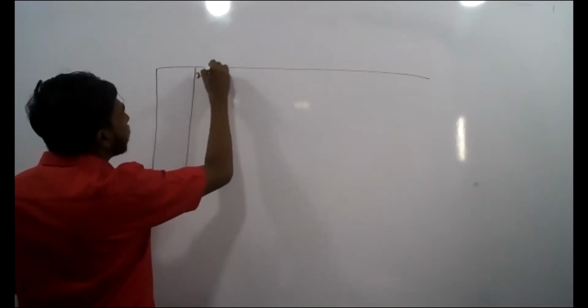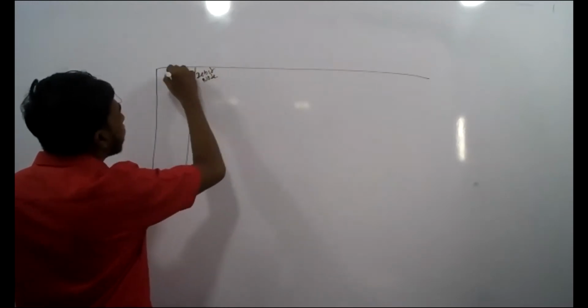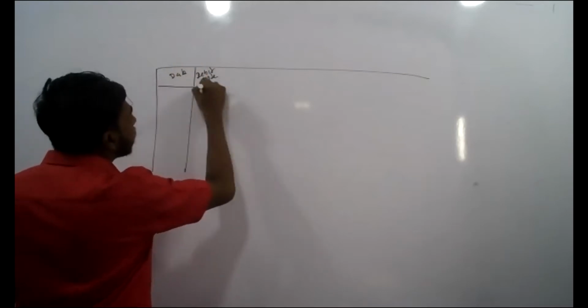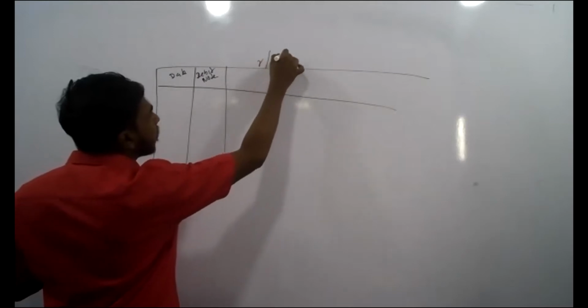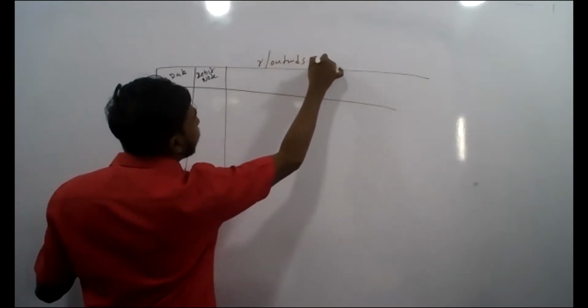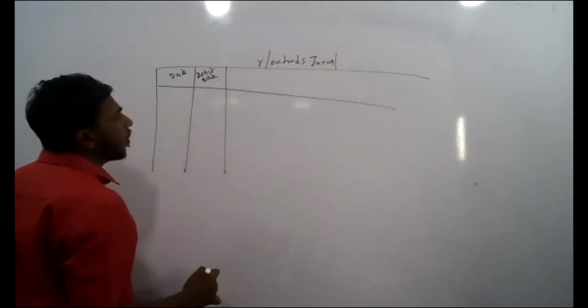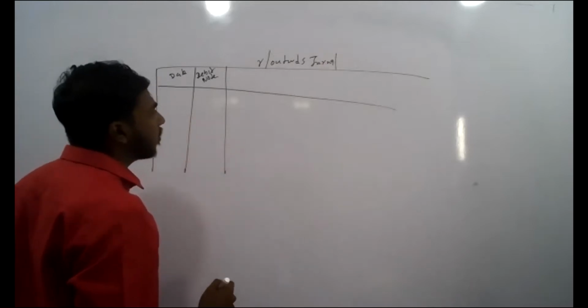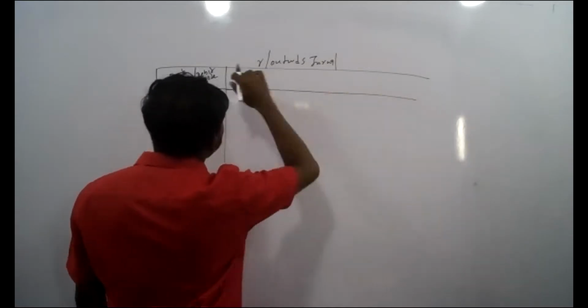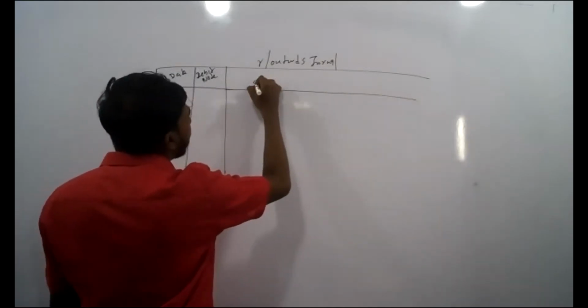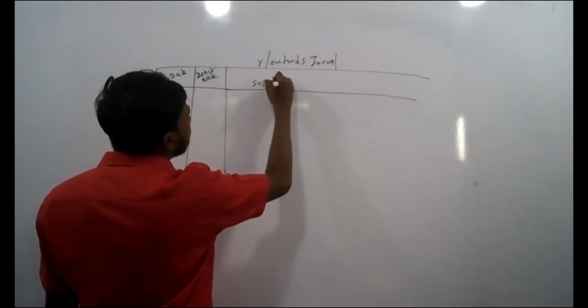Returns outwards. Returns outwards means what's the source document? Returns outwards, credit, then it's a debit note.